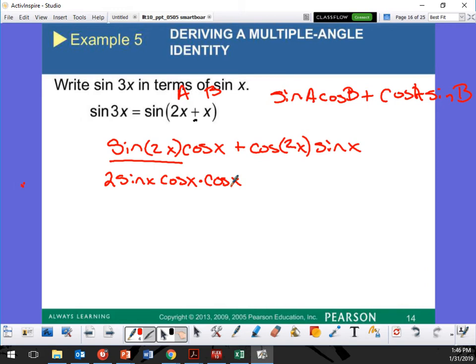So look at your identities. For cosine 2x, this is equal to 1 minus sine squared x times sine x, right? Do I need to go back to that slide? I do not need to go back to that slide, right?